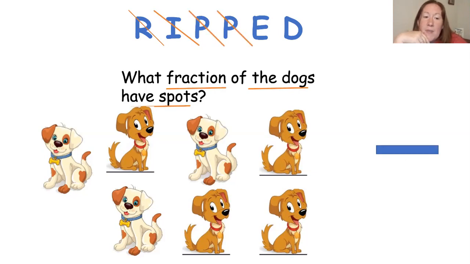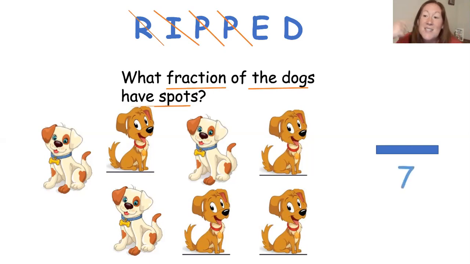So if I'm thinking to myself, part over whole, remember the denominator is the whole, or the whole amount, in this case of dogs. So how many dogs do you see? Well, I see 1, 2, 3, 4, 5, 6, 7. 7 little puppies that are super cute. So in my denominator, I would have 7 written there.